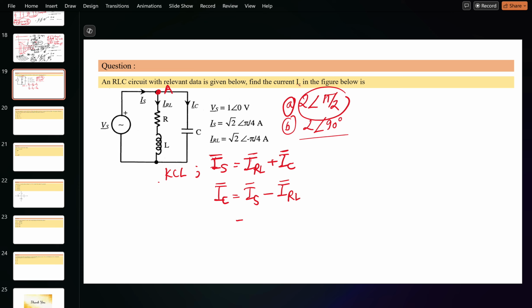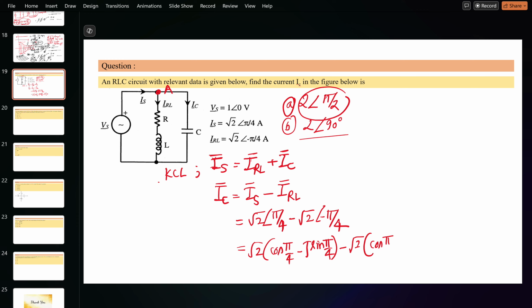IS is already given, it's root 2 angle pi by 4 minus root 2 angle minus pi by 4. You can directly find it like this: root 2 times cos pi by 4 plus j sin pi by 4, minus root 2 times cos pi by 4 minus j sin pi by 4.